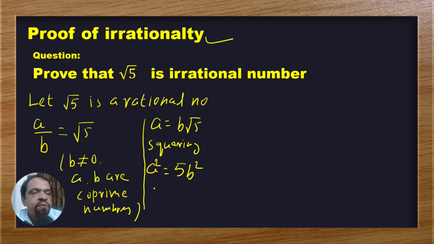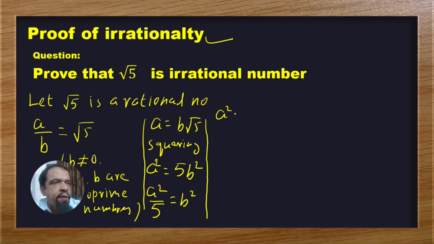Now listen student, this implies that a square upon 5 is equal to b square. In other way, we can write a square divided by 5 is equal to b square. See, recall that theorem we just now did. If a square of any number is divisible by a number, then the number without square is also divisible by the same number.